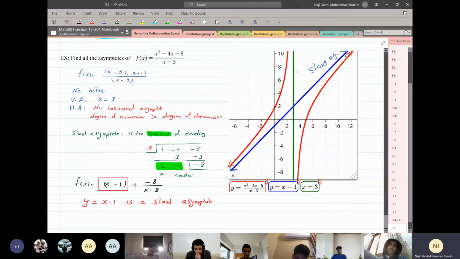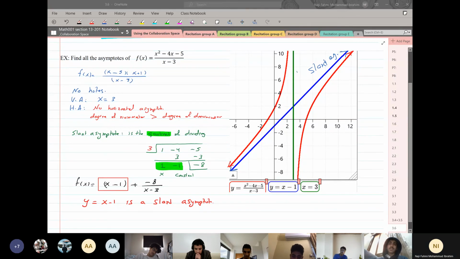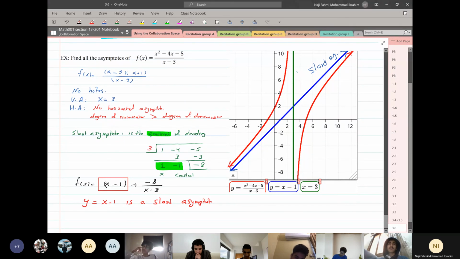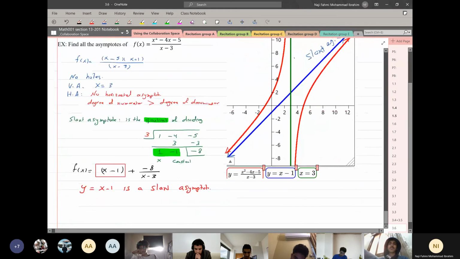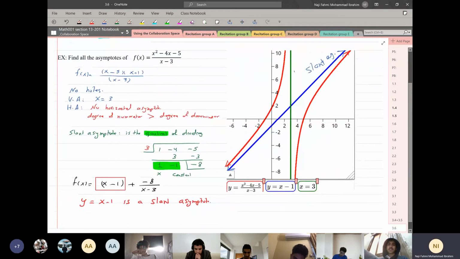Raise your hand if you have a question. Yes, if we have in the numerator x to the power 4 and in the denominator x squared, we will not have a slant asymptote. There is an asymptote, but it's not called slant.